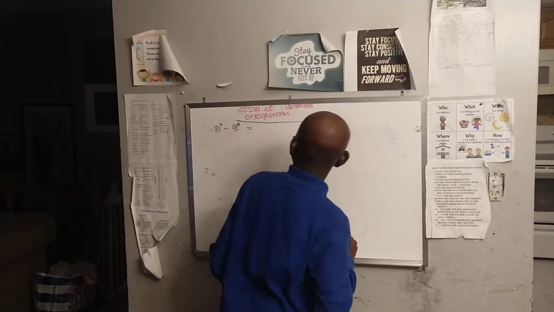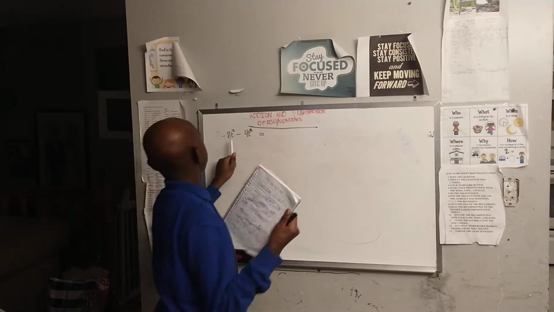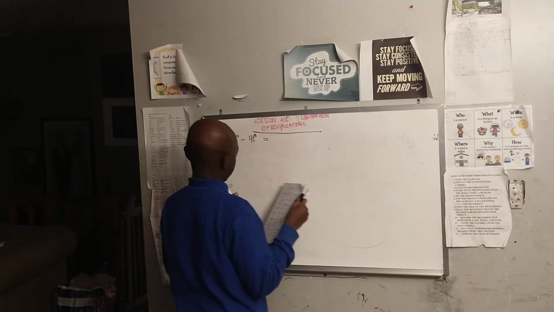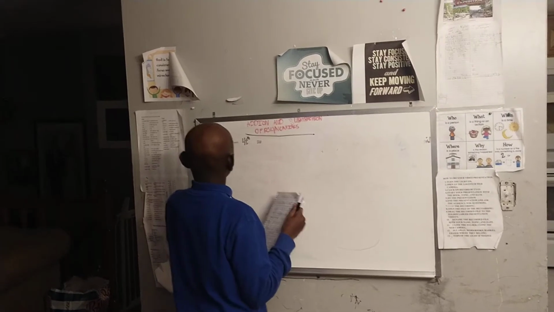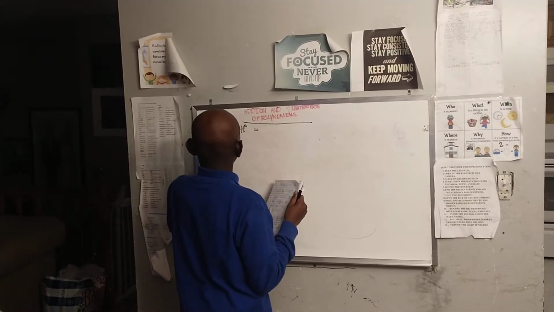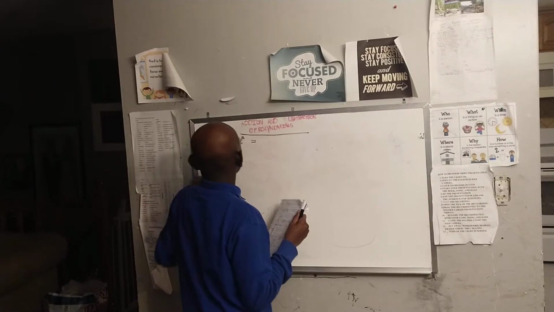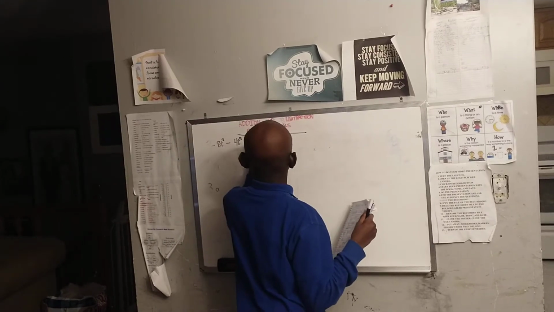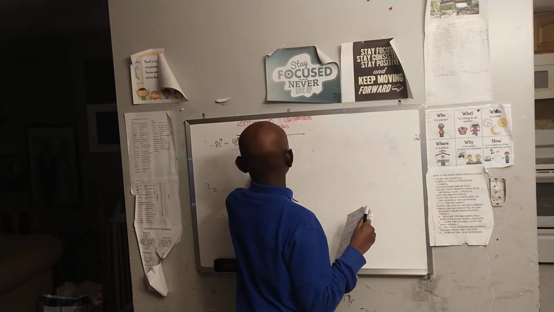So let's check. Are they like terms? Yes, because they have the same variable and the same exponent. So we can add the coefficients. Subtract them. Negative 8 minus 4 is negative 12. 12 what? T squared.